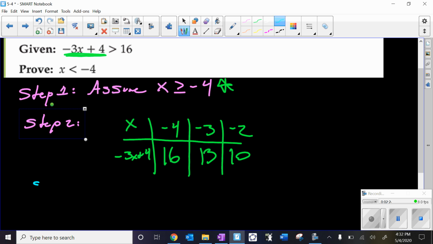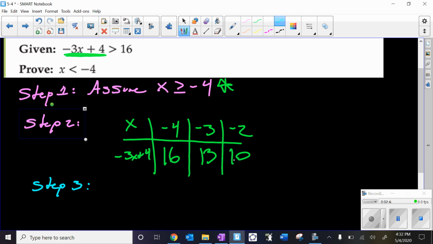So step 3, this is where you point out your contradiction. So in your given, we wanted -3x plus 4 to be bigger than 16. Well, when I look at my values, when I plugged in my values in here that fit my assumption, I got values that were equal to or less than 16.